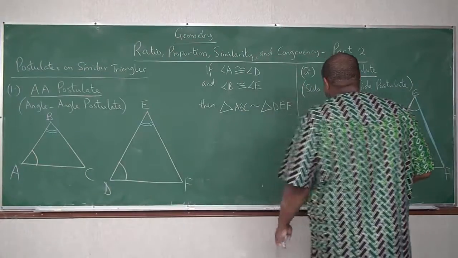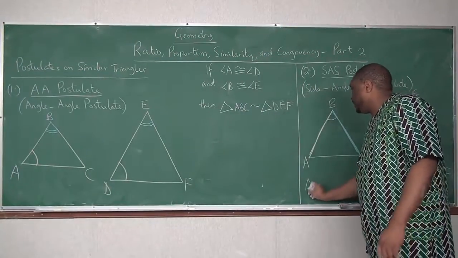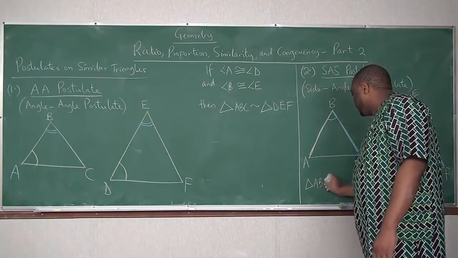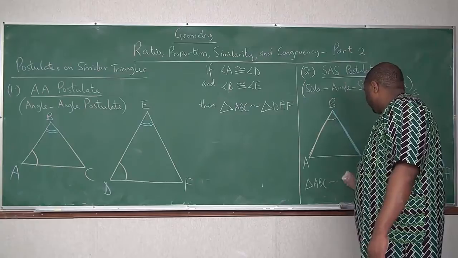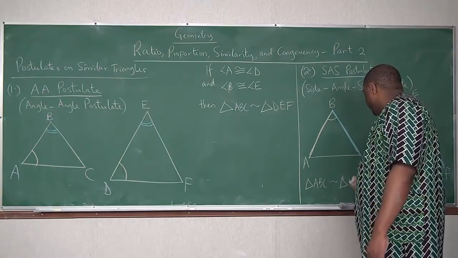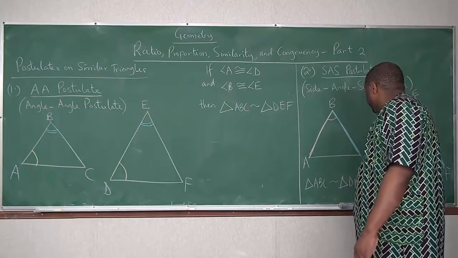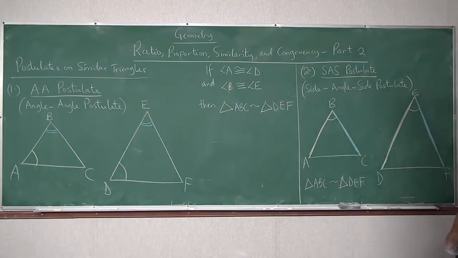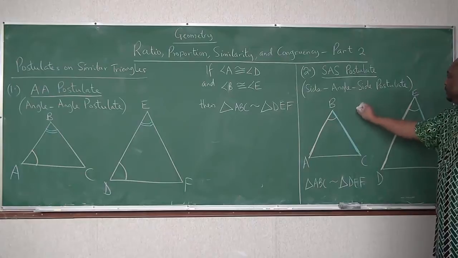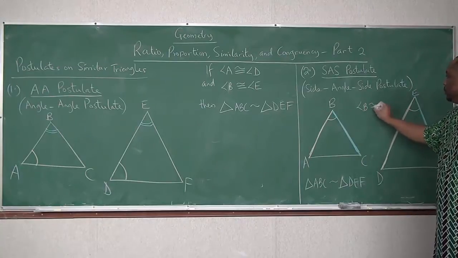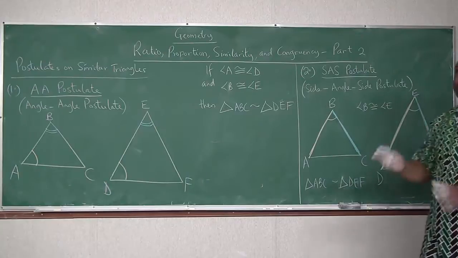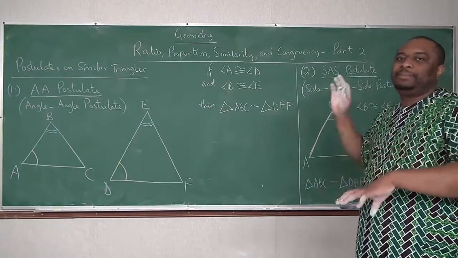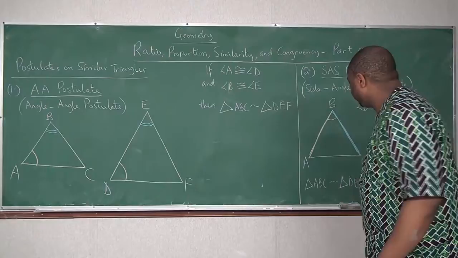You can see that triangle ABC is similar to triangle DEF. But you see there's an included angle. Angle B has to be congruent to angle E, the included angles, and the lengths of the corresponding sides are proportional.